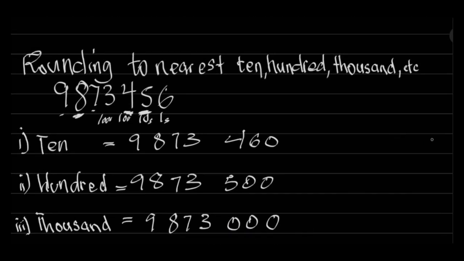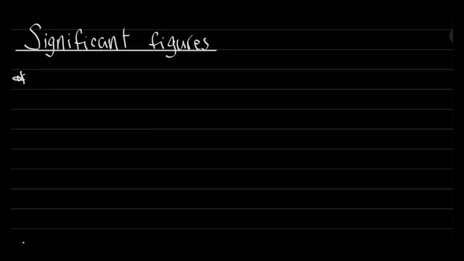Now we are looking at significant figures. Another name for significant figures is important figures. In any number you can think about, the first non-zero number is the first significant figure. So if I have 0.2456, the first non-zero number from the left is 2.